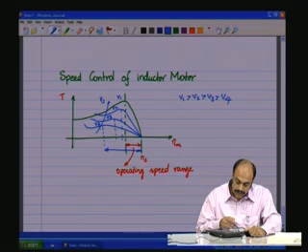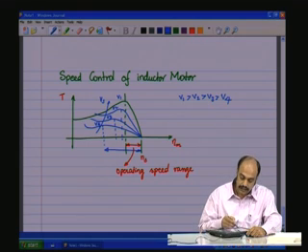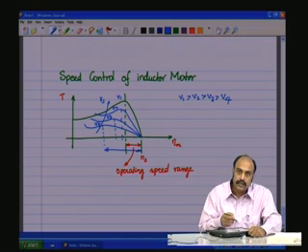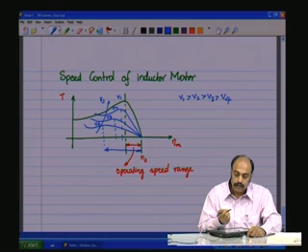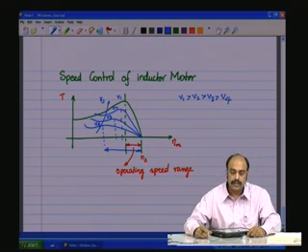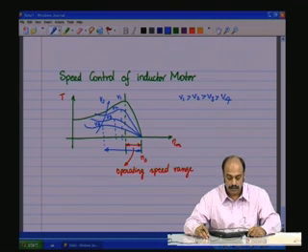However, as the voltage keeps reducing, the current drawn from the motor will be higher because it has to support the same rotating flux within the machine.